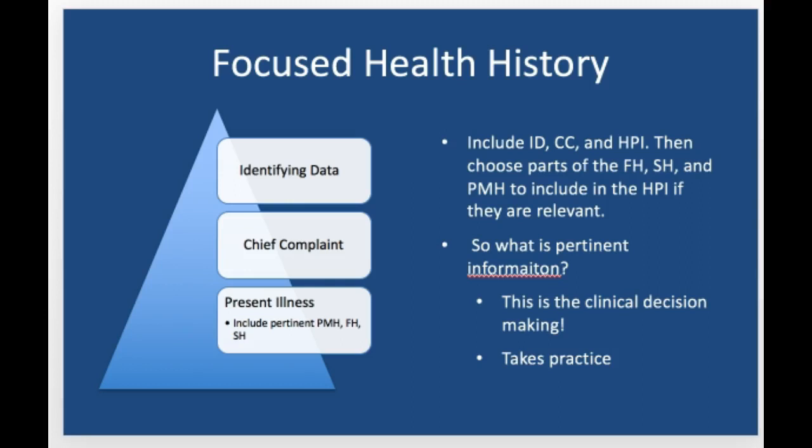So in that case, you'll always include the identifying data, you'll always include the chief complaint, and then you'll only include pertinent areas of the past medical history, family history, social history, and the review of systems. So you still need identifying data, you still need chief complaint, you still need an HPI, and then only the relevant parts of everything else. Okay, does that make sense?